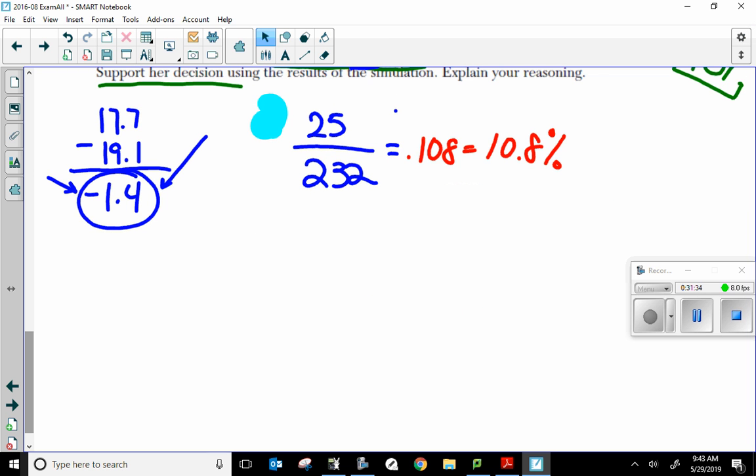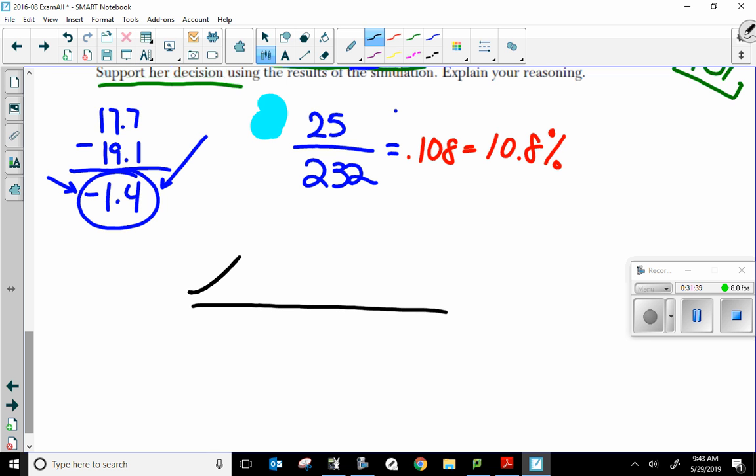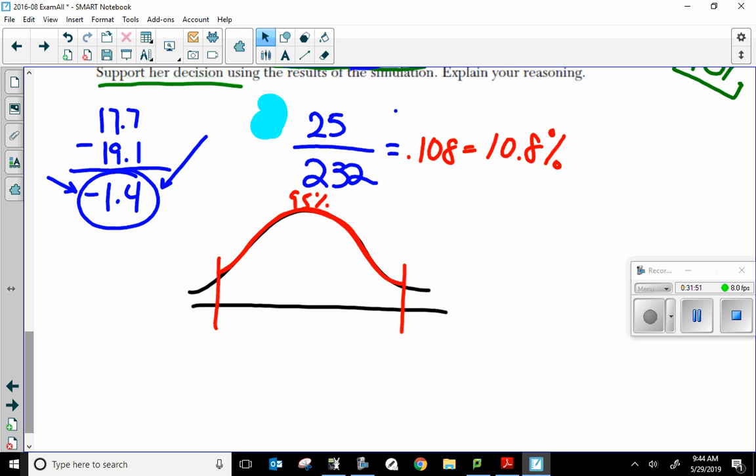You probably don't have to do this on the test, but it's a further explanation for you. If this is our bell curve, and my 95% moneymaker, which means all usual outcomes, are in this range right here. That means there are 95 out of my 100% that are common.